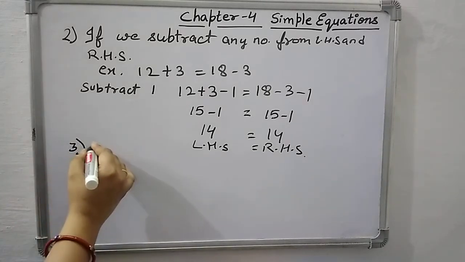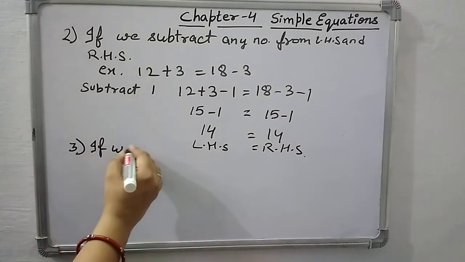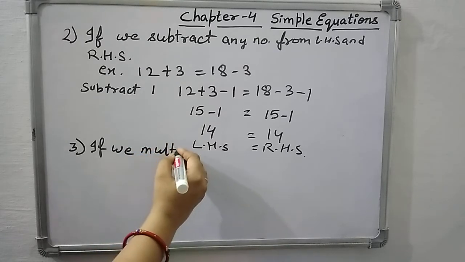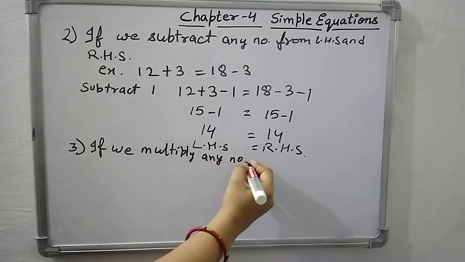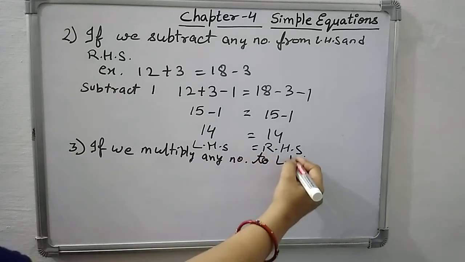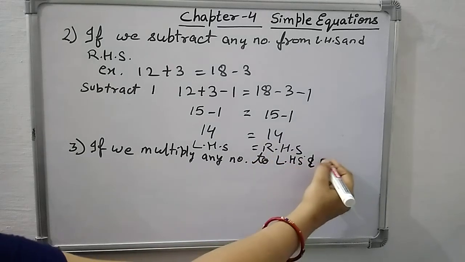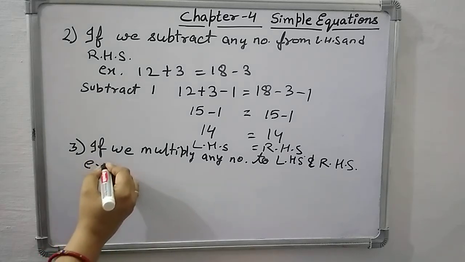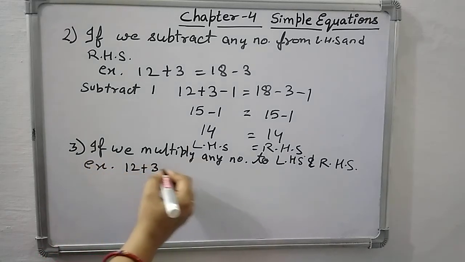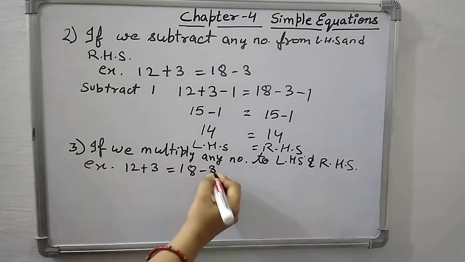Third is, if we multiply any number to LHS and RHS, let's see what will happen. Example, 12 plus 3 equal to 18 minus 3.